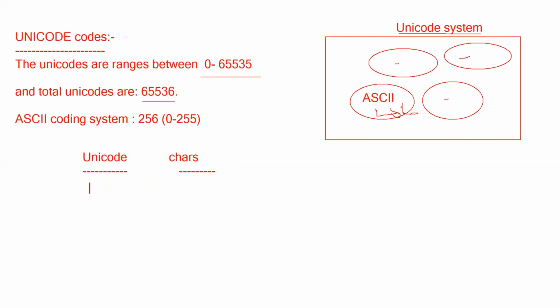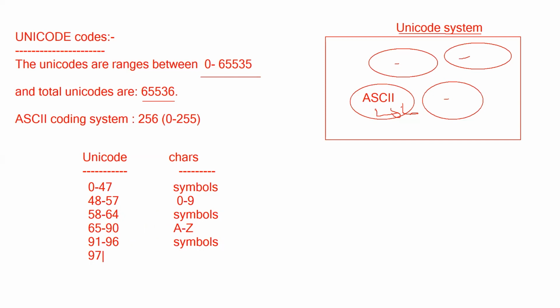Let us take from 0. 0 to 47 are symbols which you can find on the keyboard. 48 to 57 are 0 to 9, which are also considered characters here, the decimal numbers. 58 to 64 are again some symbols. 65 to 90 are capital A to Z. And 91 to 96 are again symbols.